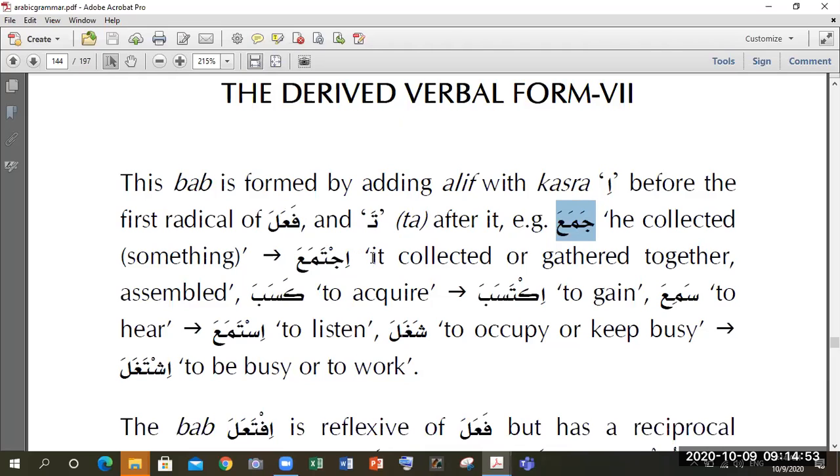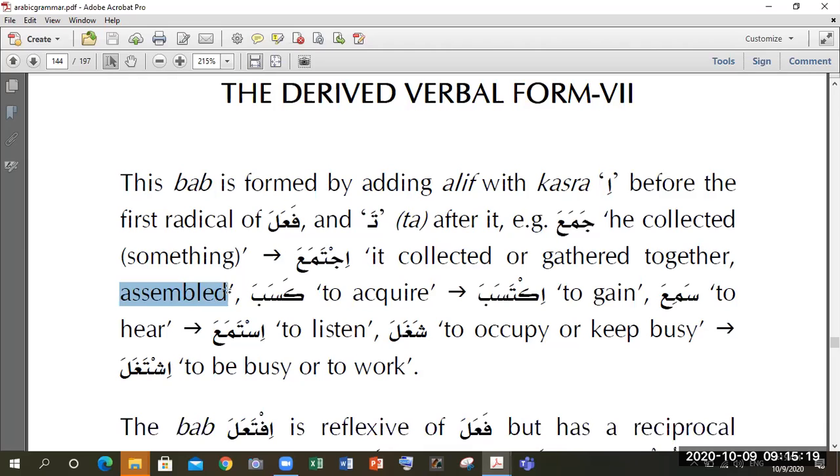So ijtama'a, it collected or gathered together. Something kind of same meaning which we saw last time, that something happened itself. So there is no subject. Gathered together, or assembled, because in assembling also what we do.